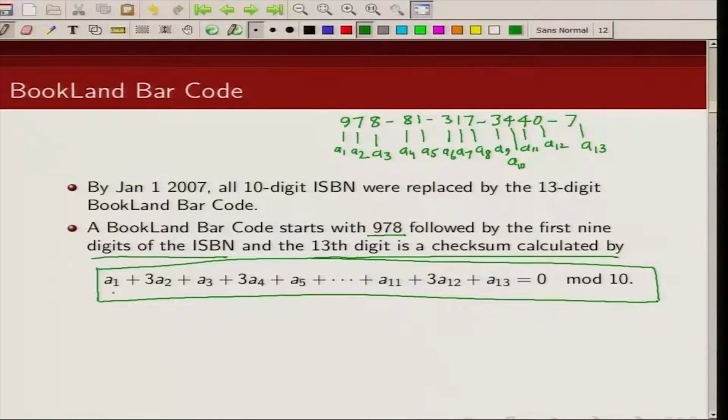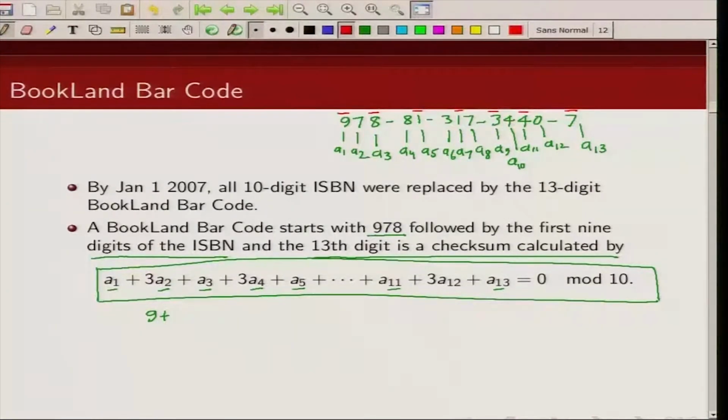So you can see here what we are doing is all odd-position digits we are adding them up, right, and all even-position digits we are adding them up and multiplying them by 3. So this would be then 9 plus, let me first take all the odd-position digits. The odd-position digits are the ones I am marking, these are my odd locations, right.